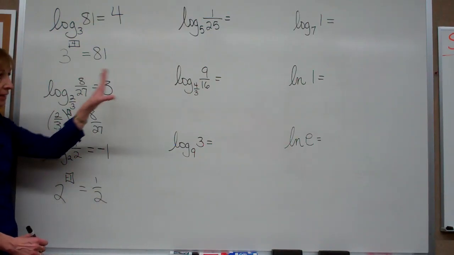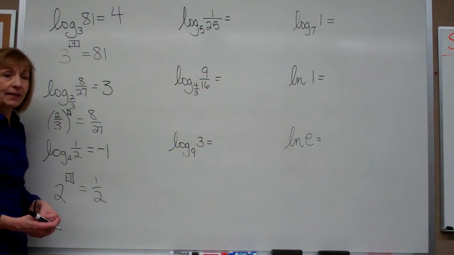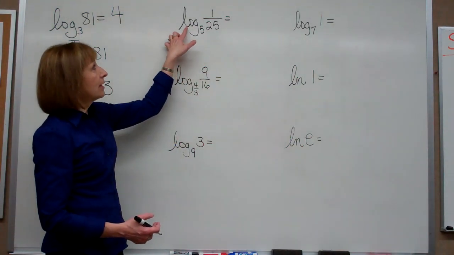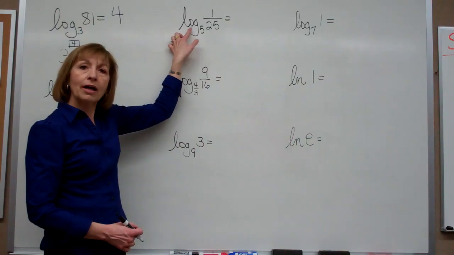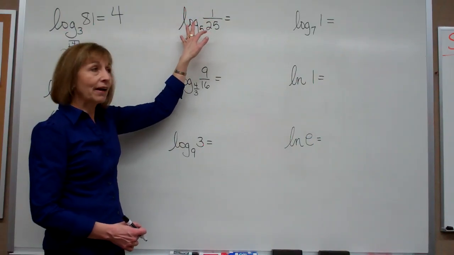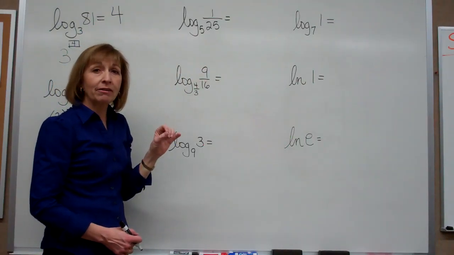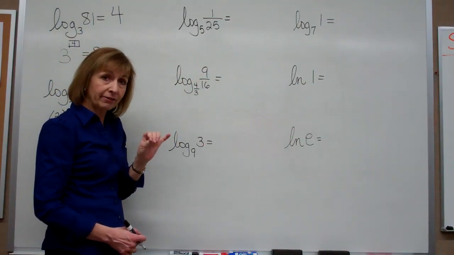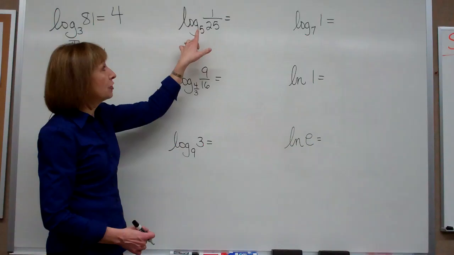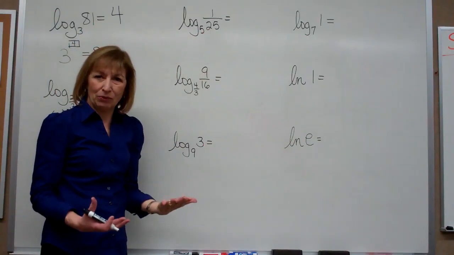Now some of this is going to come into play with the other problems that we have. The next one is log base 5 of 1/25. What exponent will I put on 5 to create the value 1/25? Well, I know the relationship between 5 and 25 is that you would square it.